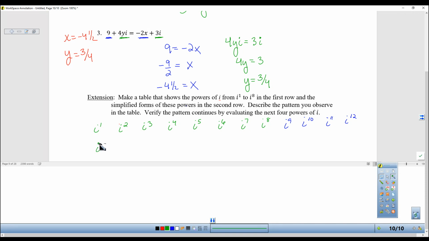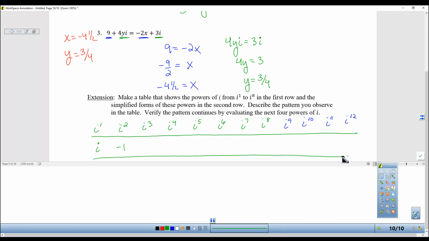It's just i. i squared, we already learned, is -1. For i cubed, I like to think of it as i times i squared. And since i squared is -1, it's i times -1, which gives me -i.